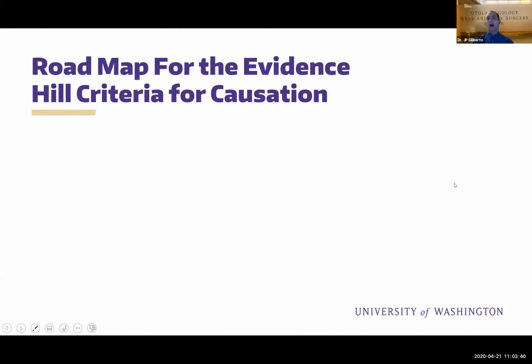So how I've approached this is taking the Bradford-Hill criteria for causation and applying them to the PPI literature. As many of you may know, the Bradford-Hill criteria was used by Bradford-Hill to help argue for the causation of smoking and lung cancer in the absence of being able to randomize people to smoking.